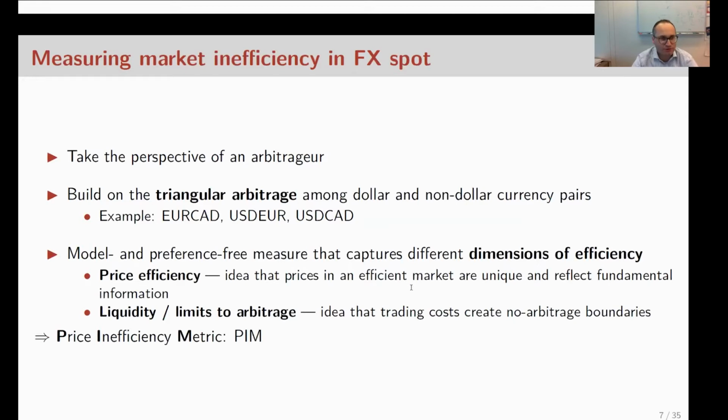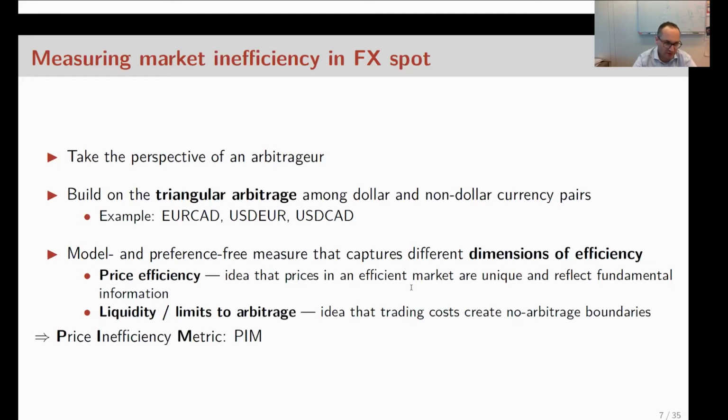So let me now turn to how we measure market inefficiency in the FX spot market. What we do in the paper is we take the perspective of an arbitrageur that looks at the triangular arbitrage between dollar and non-dollar currency pairs.